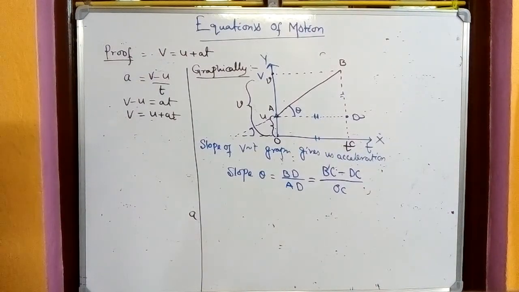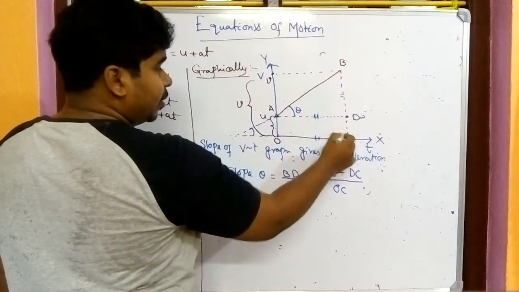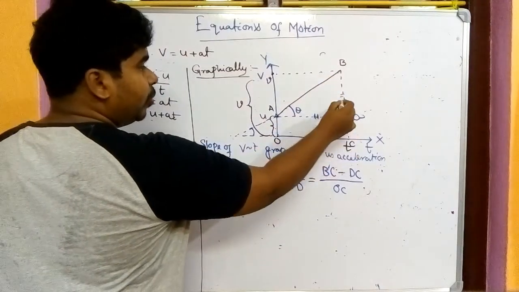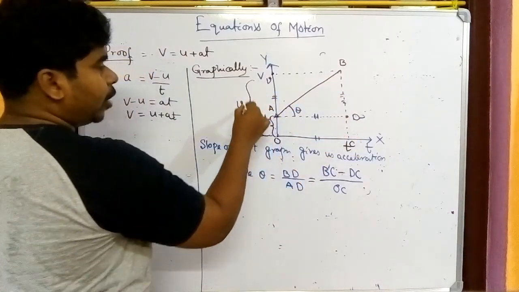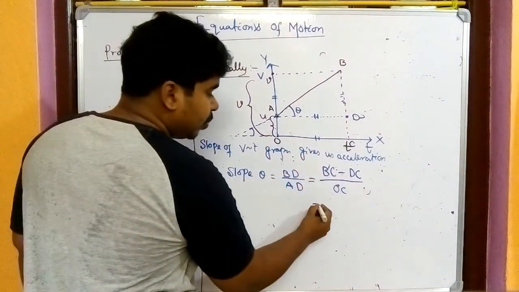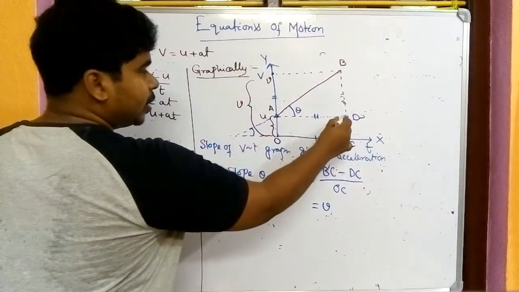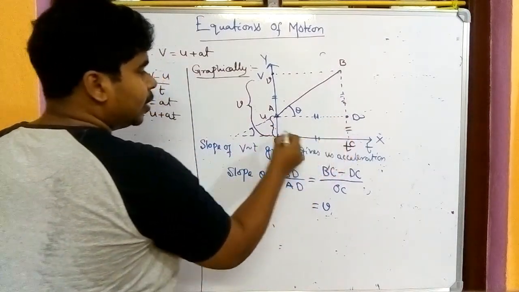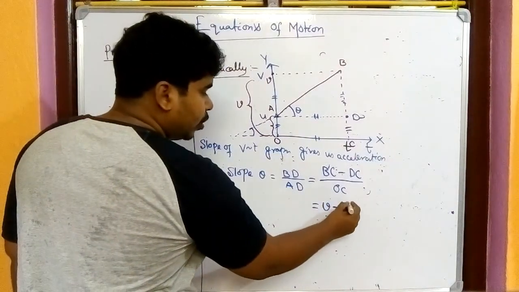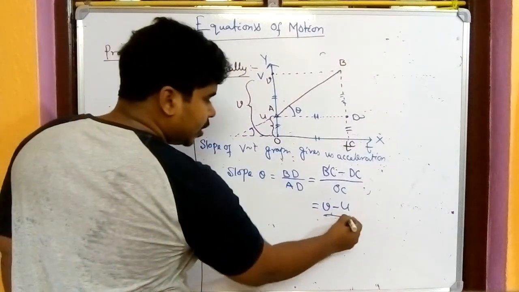Now BC, this total length, is equal to this length that we have taken, V. So BC length is nothing but V. DC or CD is equal to U, and OC is t.